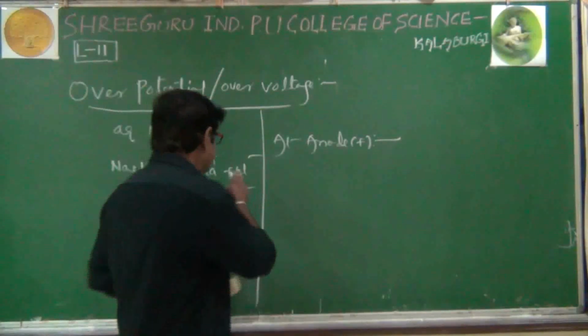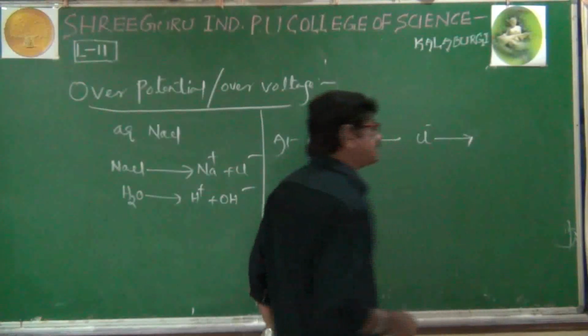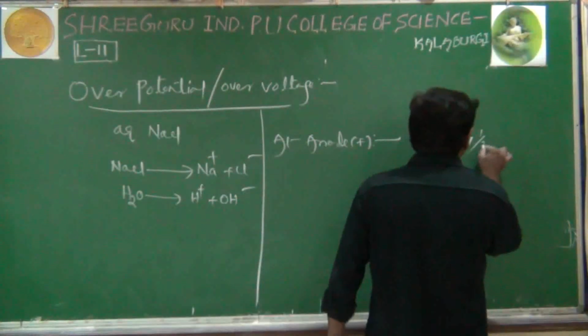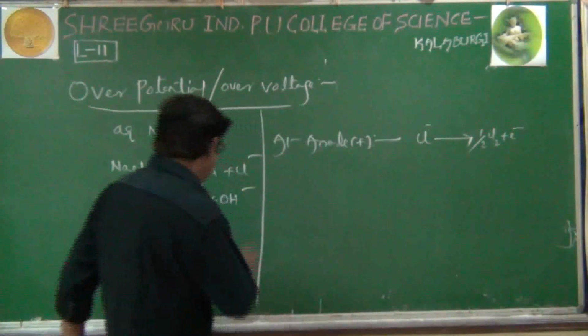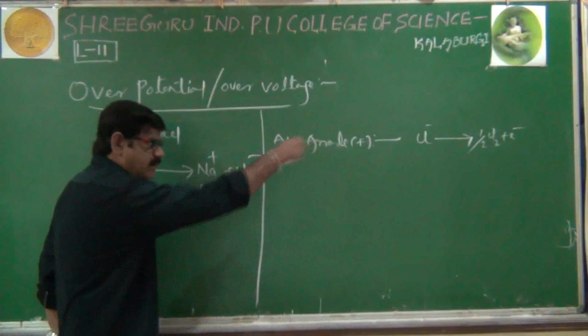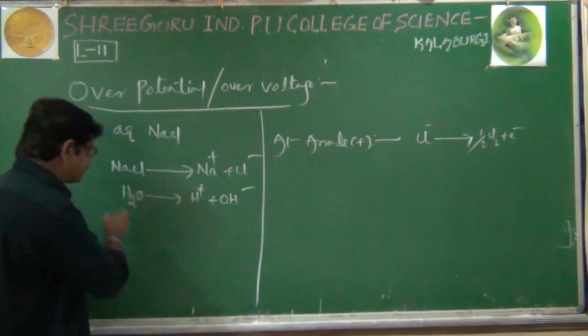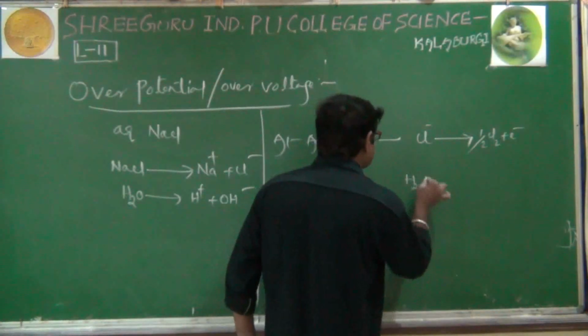See here, first Cl- ion. If a Cl- ion undergoes oxidation by losing an electron, it is converted to chlorine gas. Next, if OH- ion undergoes oxidation at the anode, since OH- ion comes from water, we will take the entire water molecule.